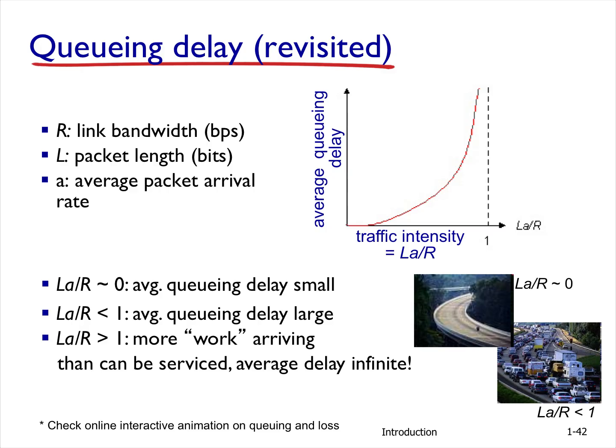It's the rate of arrival of packets. So when you multiply L by A, you get the rate of bits arriving, right? You divide that by R, the rate of servicing the bits, and this gives you a factor which is called the traffic intensity.